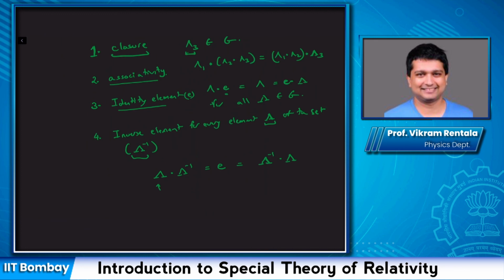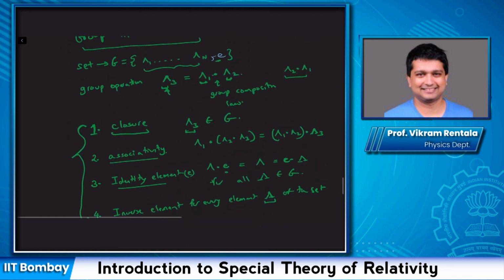So for every matrix lambda, or every element of the set G, there is a matrix or another element lambda inverse such that this dot product is equal to the identity element. So these are the four key properties that the composition law of a group must satisfy.